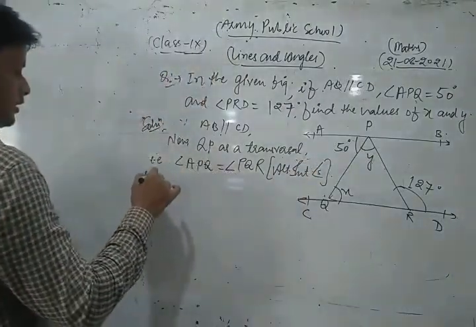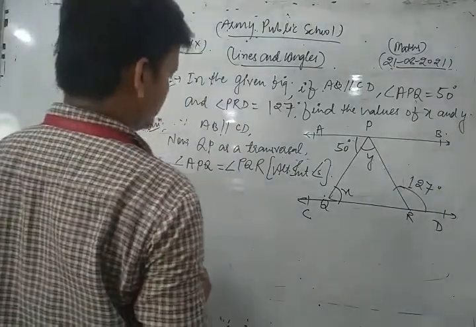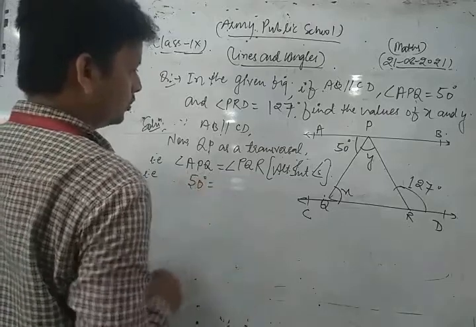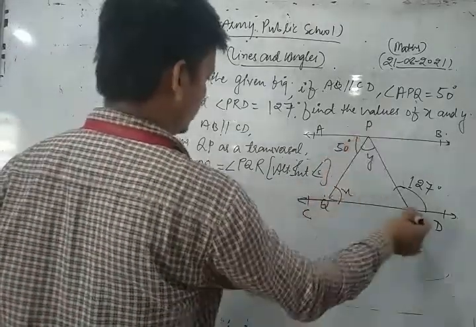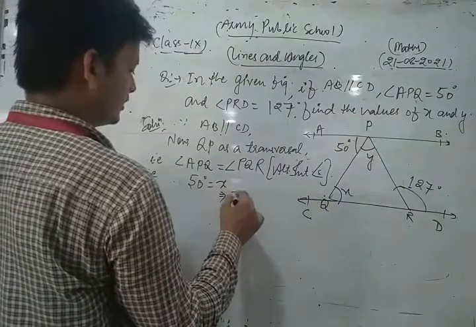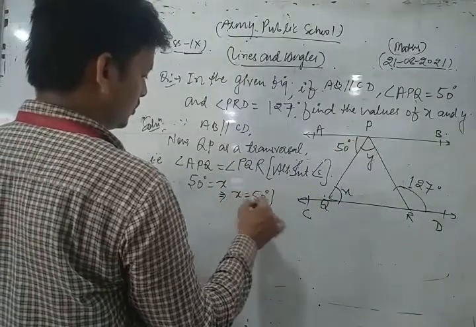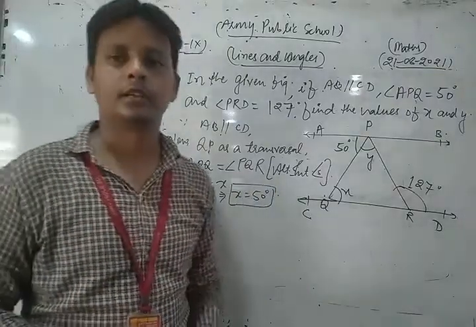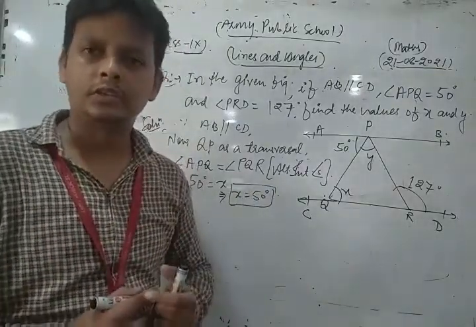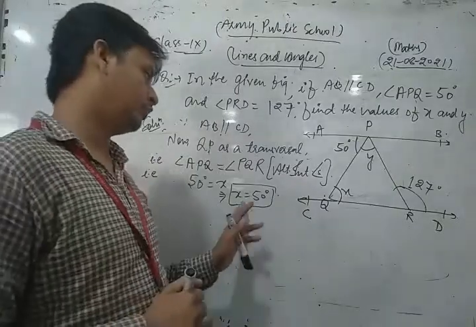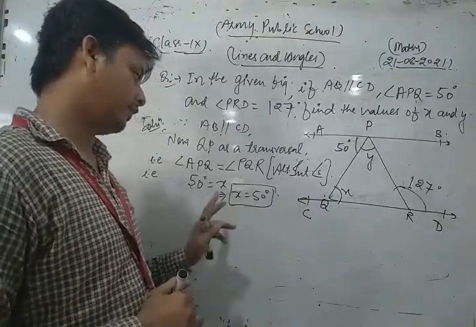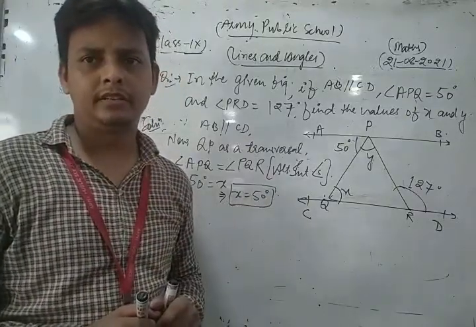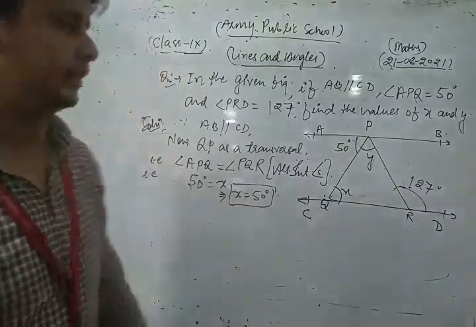That is, angle APQ is 50 degrees, and PQR is x, so x is equal to 50 degrees. So in this way, dear students, we find the value of x as 50 degrees.